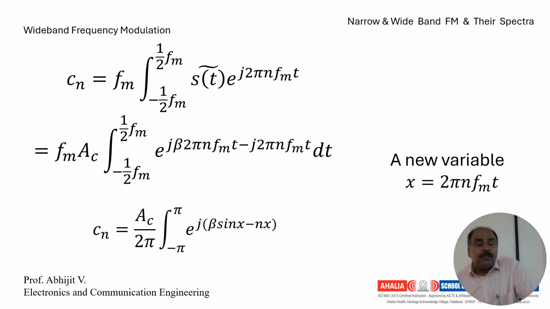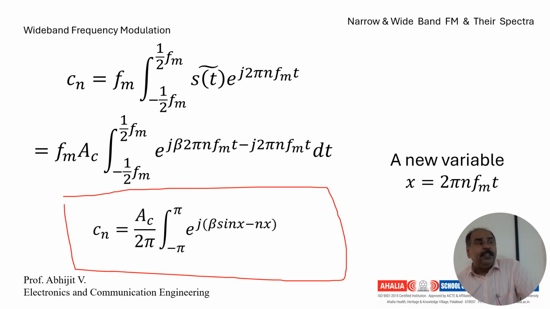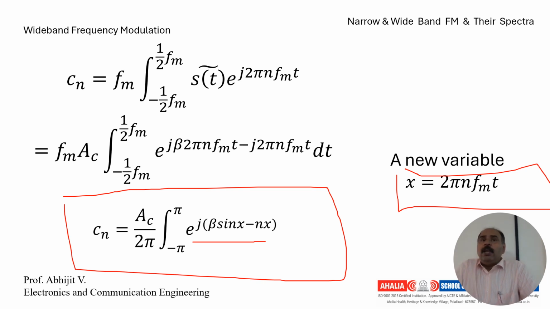On expanding this, we get Cn to be Ac by 2 pi times the integral from minus pi to pi of e raised to j (beta sin x minus nx), where we are defining x to be 2 pi fm t. Is that clear for all of you? Any doubts?